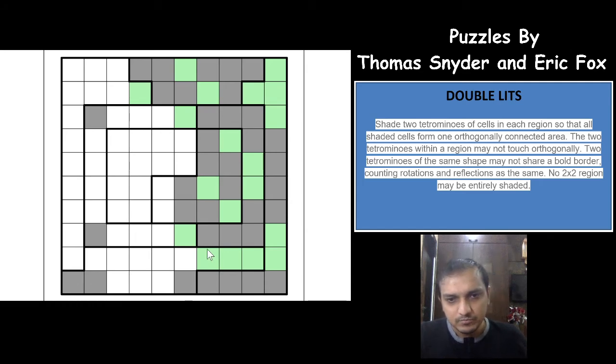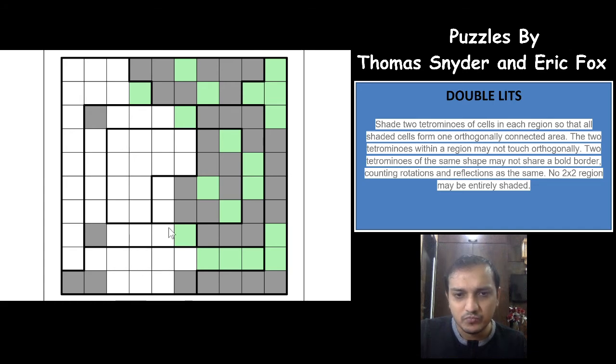That's nice. And now this group of shaded cells has to connect somewhere and cannot be connected using the second tetromino of the same region, because 2 tetrominos of the same region cannot be touching orthogonally. Which means that this group of shaded cells will have to be connected to the other part of the grid using this region only. So this tetromino will have to somehow come towards this cell to get connected to the other part of the grid, which means that this will have to be shaded for this tetromino.